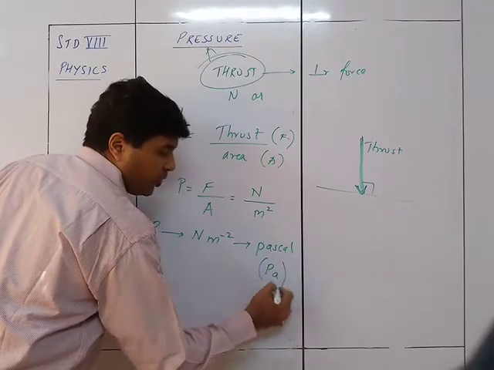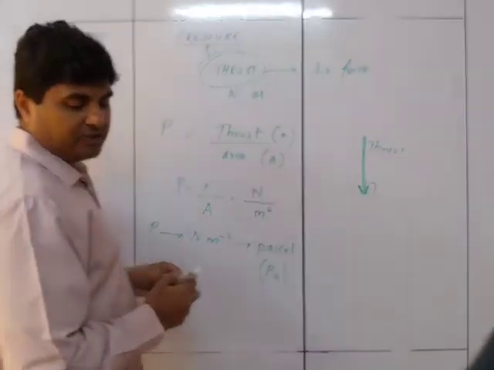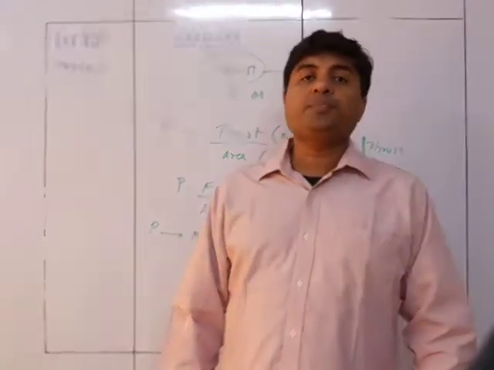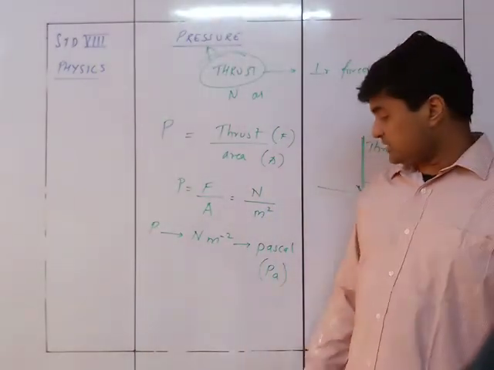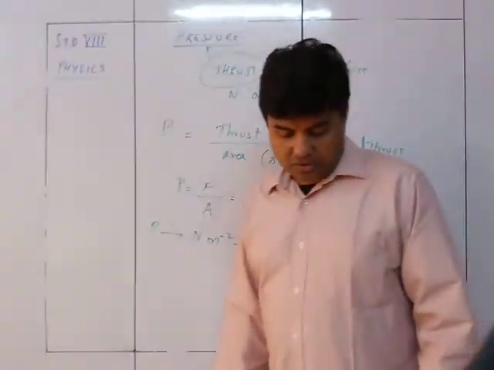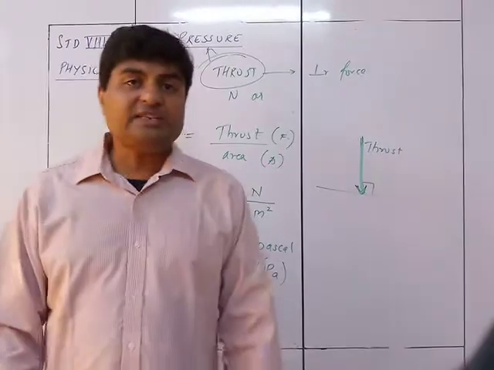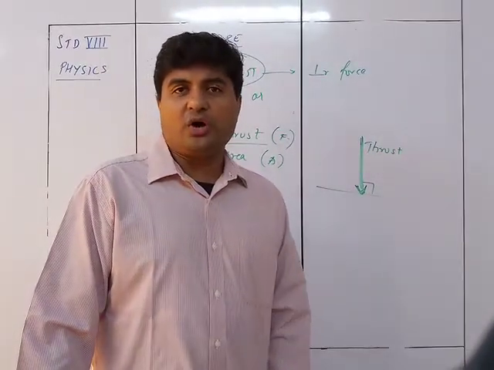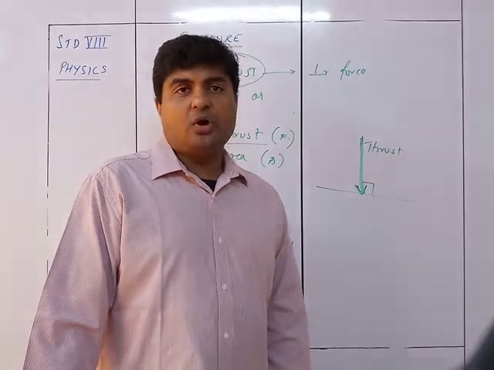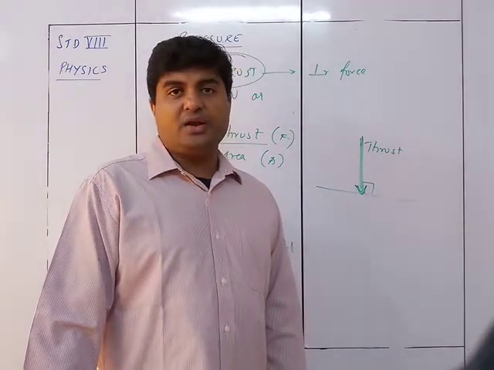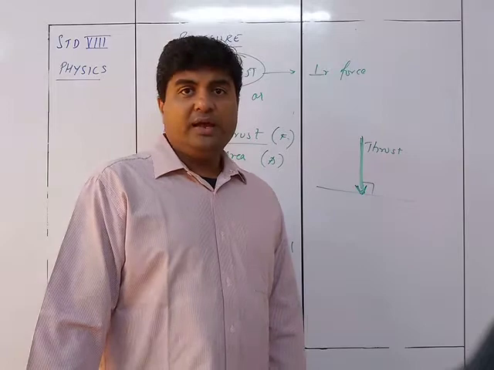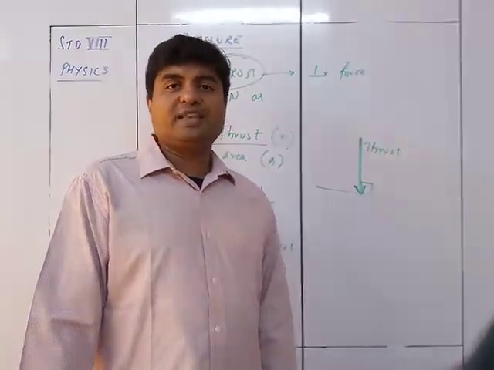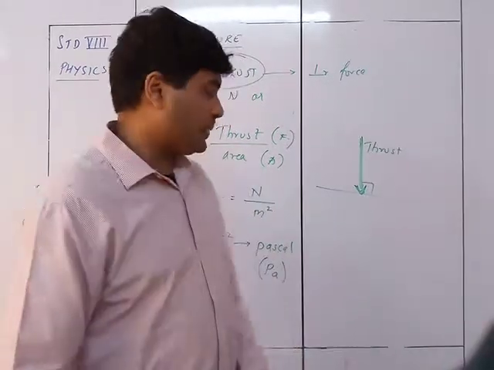Capital P and small a is the abbreviation of this, because it is based on the name of a scientist named Pascal. Scientist Blaise Pascal did a lot of study of pressure, and so to honor him, the pressure is given the unit Pascal.